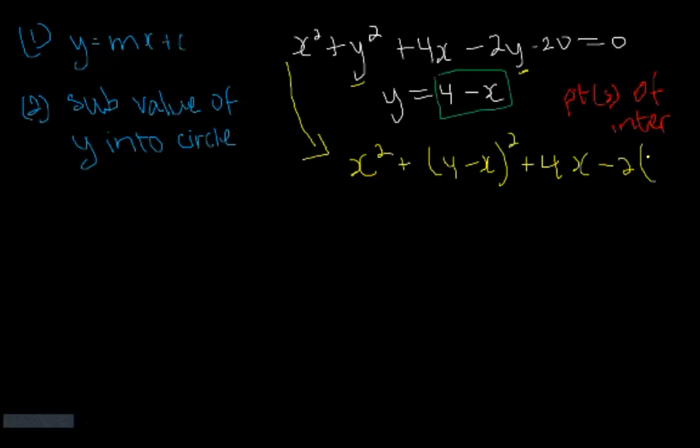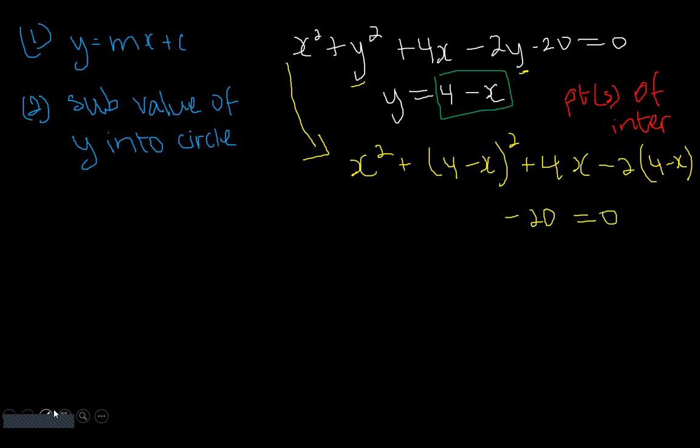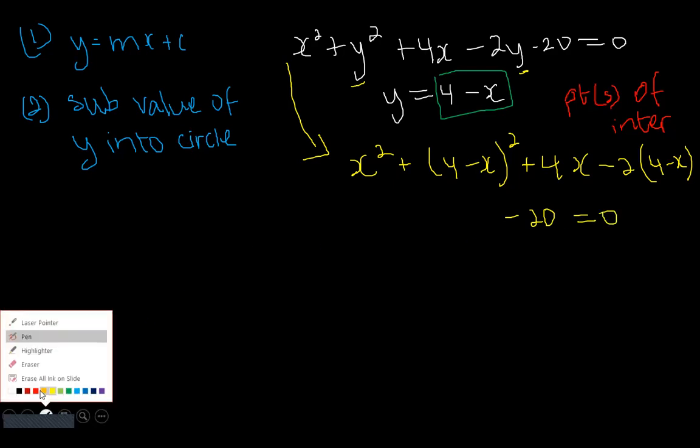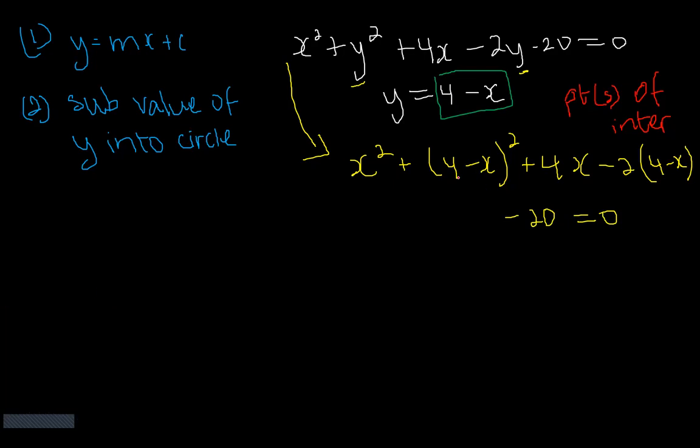Instead of y, I put in 4 minus x. Just continue down here, minus 20 is equal to 0. Remember, the purpose of this step is to help us find our x value for the coordinate. So we need to simplify and we need to solve for x.